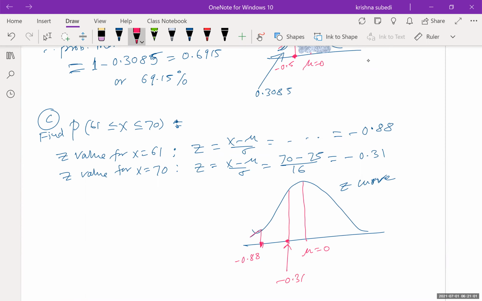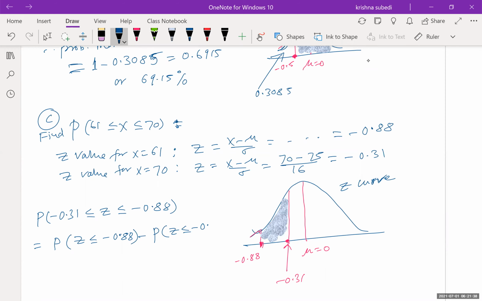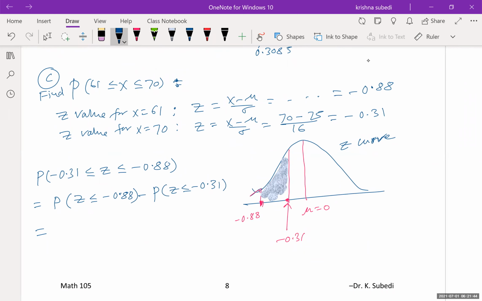So we're looking for the area between these two, which is the probability that Z lies between negative 0.88 and negative 0.31. That gives P(Z < negative 0.31) minus P(Z < negative 0.88).